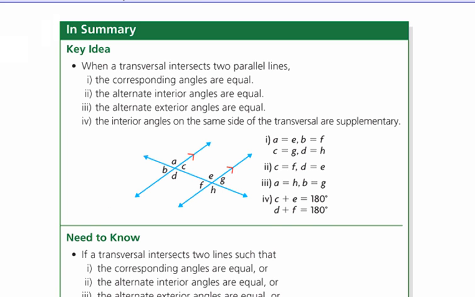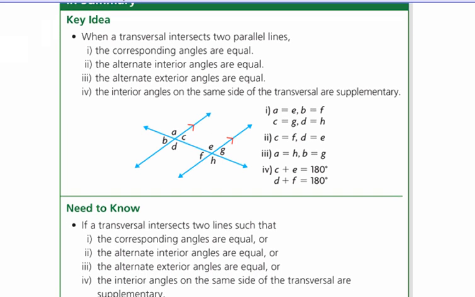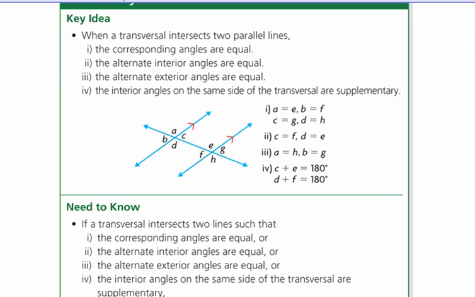So some key ideas here again. Corresponding angles are equal, alternate interior angles are equal, alternate exterior angles are equal. We didn't really talk about that one yet. Alternate exterior angles like B and G would be alternate exterior angles. Those are equal. And A and H, alternate exterior angles.